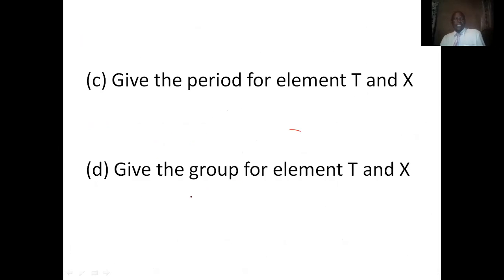So you notice that here we said the electron configuration of T, which has 12, was 2, 8, 2. Therefore, the number of electrons in the outermost shell is 2. Therefore, T is in group 2.